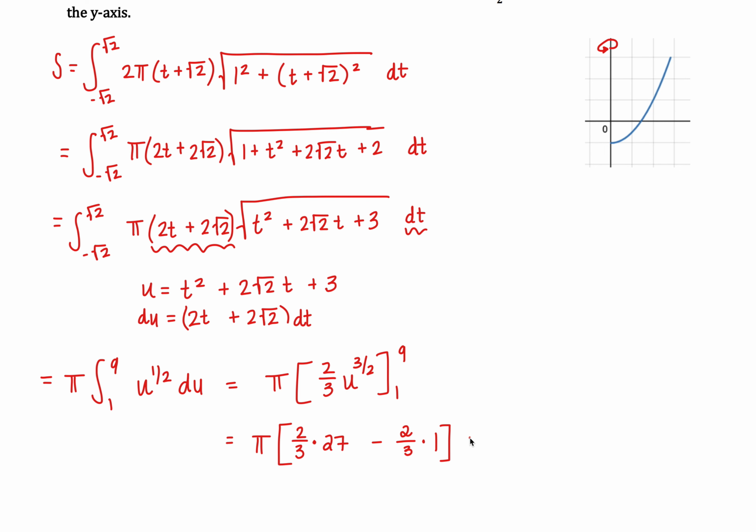So we have pi times 54/3 minus 2/3. 54 minus 2 is 52, so we have pi times 52/3, or 52 pi over 3. And we are done.